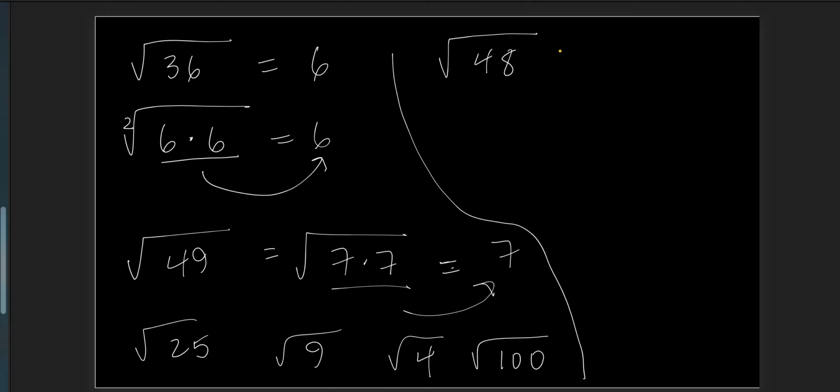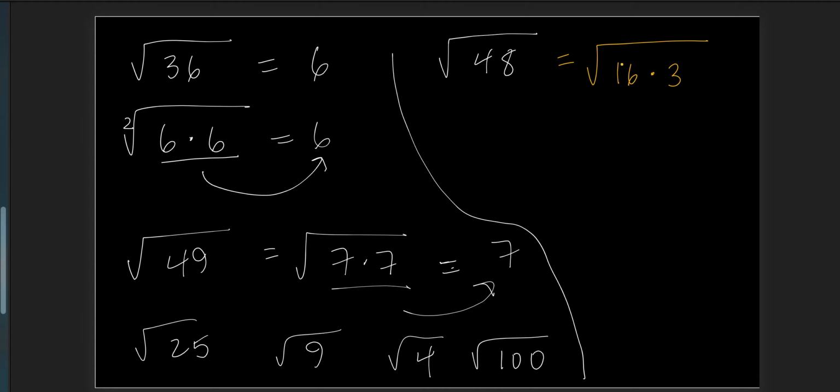What we do is think of two divisors or factors of 48 where one is a perfect root, and you want the biggest perfect root number possible. When I see 48, I always think of 6 times 8, and that's good, but neither 6 nor 8 are perfect root numbers. If I think of other divisors of 48, like 48 is made of 16 times 3, I'm going to rewrite 48 this way: 16 times 3.